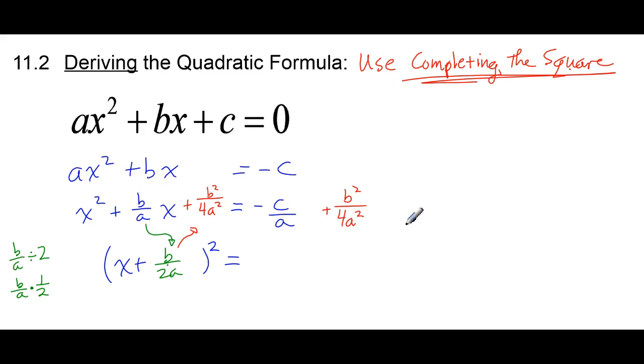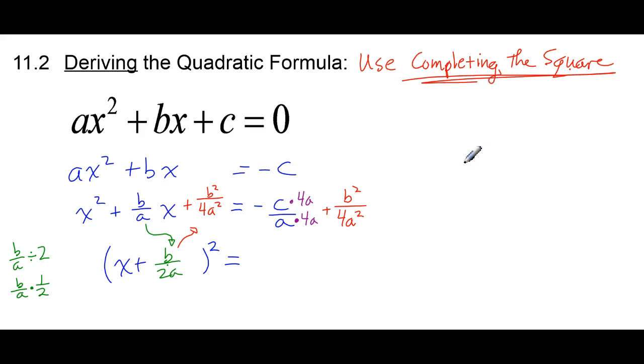So that's how you figure out what to add on both sides in general, and it's about as bad as it could ever be in this case. The other thing we have to do is on that right-hand side where we had negative c over a and we added b squared over 4a squared, we got to build ourselves a common denominator there. So it looks like my common denominator is going to be 4a squared. So this fraction here, we're going to have to multiply top and bottom by 4a.